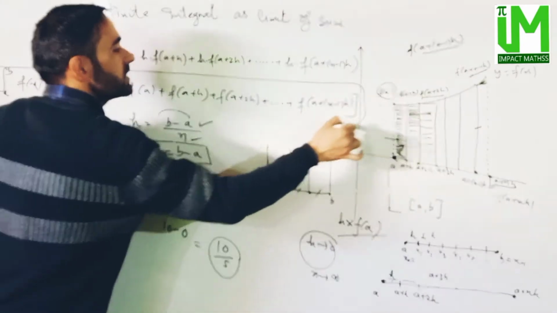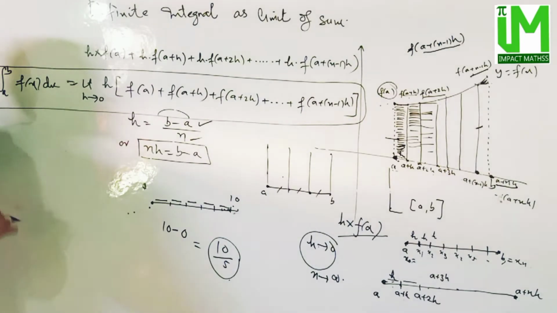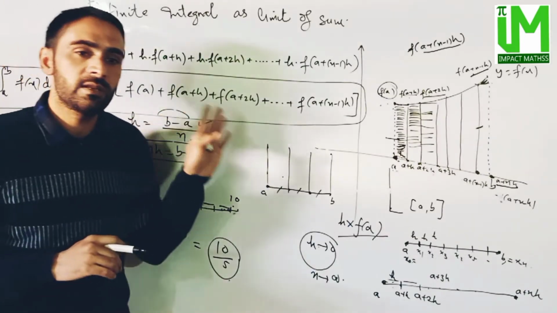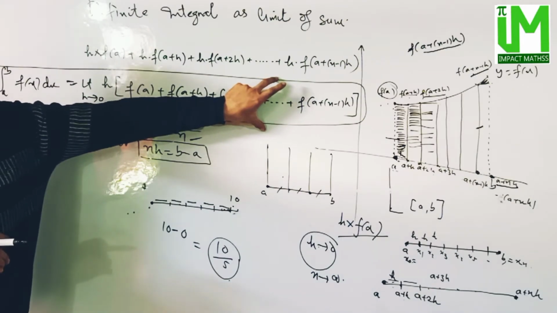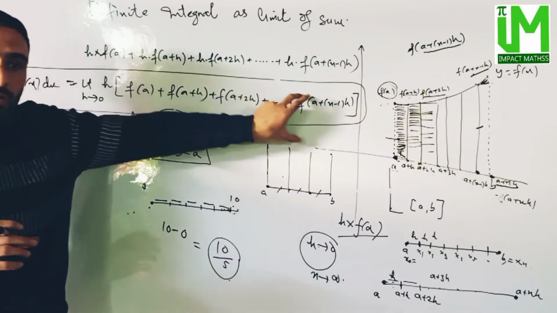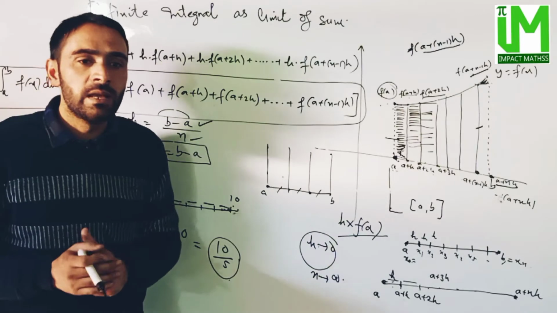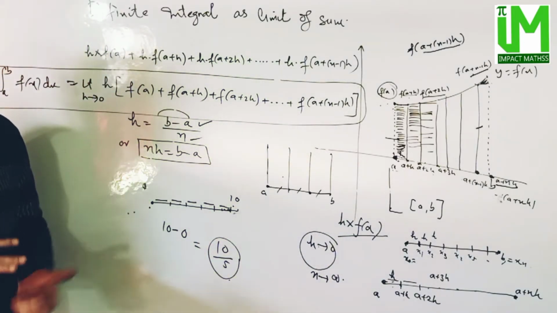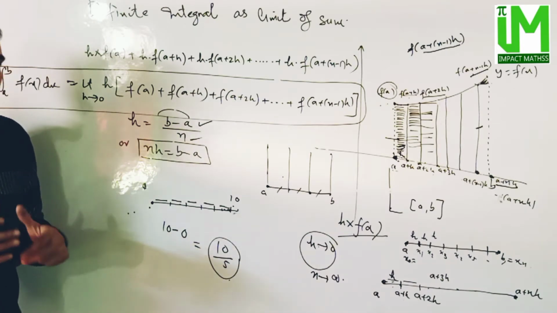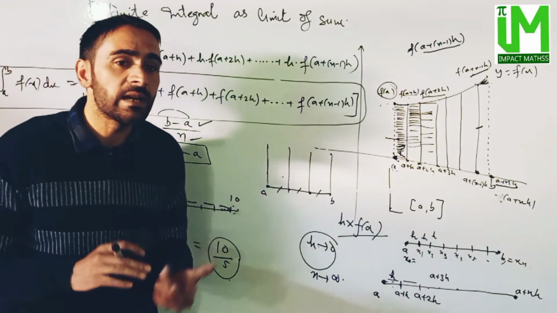This equation is called the definition of the definite integral as limit of sum. If we introduce the definite integral as limit of sum, we introduce it as the area under the curve.